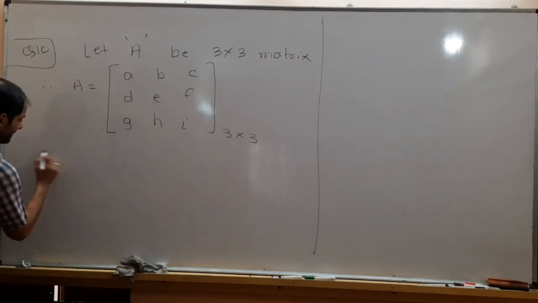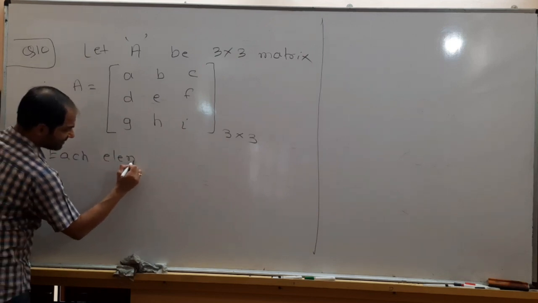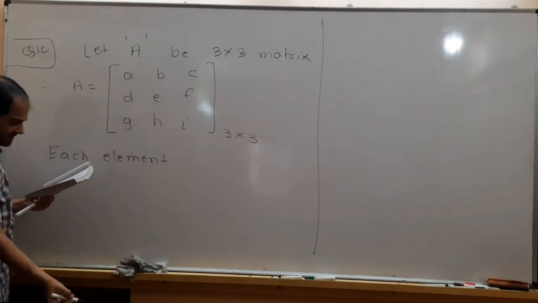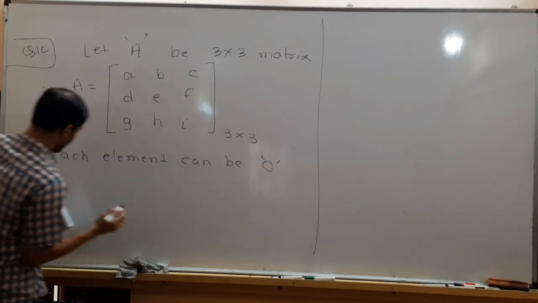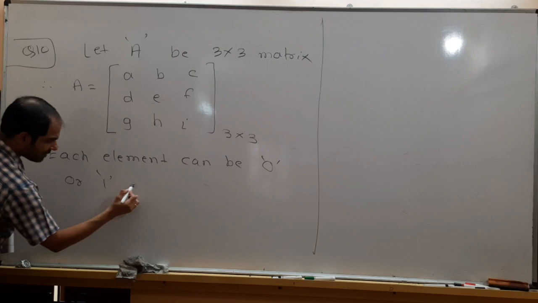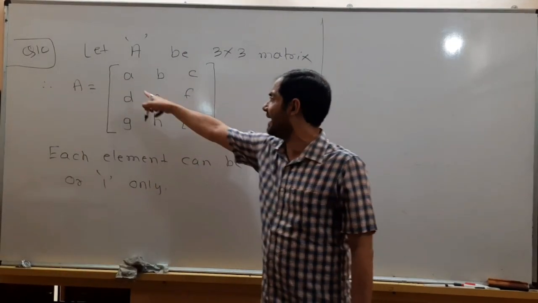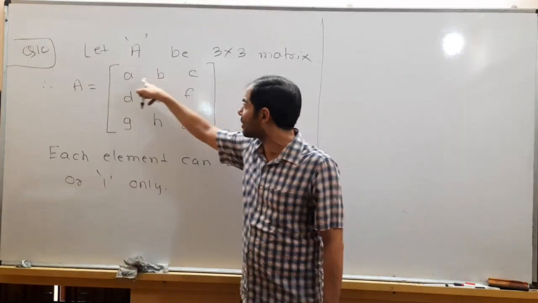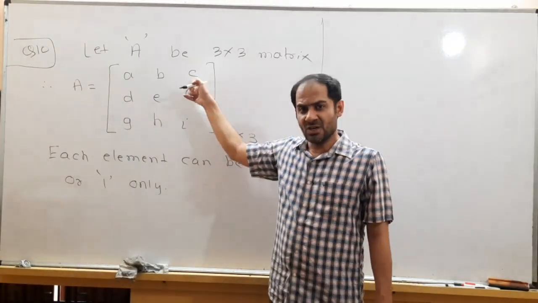And here it is written that each element can be 0 or 1 only. So what I can say is that A can be selected in 2 ways, 0 or 1. B can be selected in 2 ways, 0 or 1. C can be selected in 2 ways, 0 or 1.